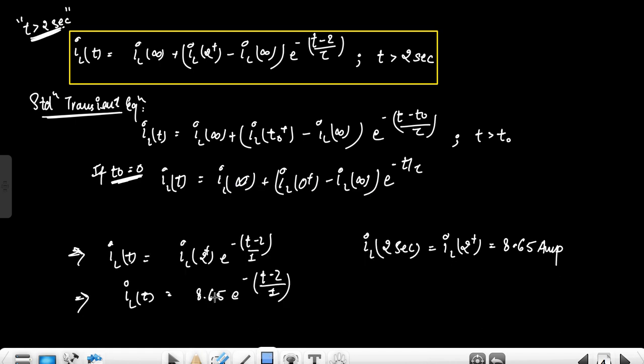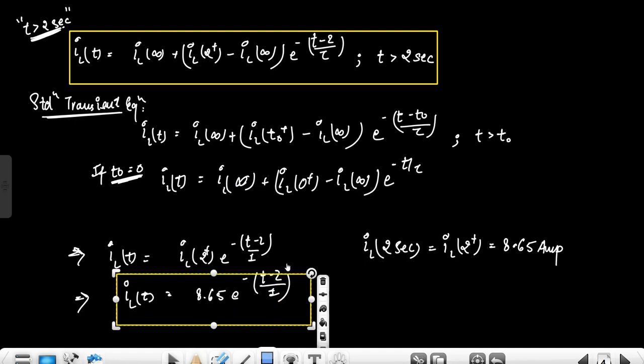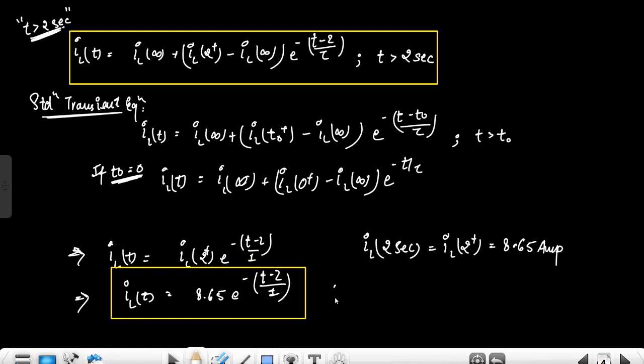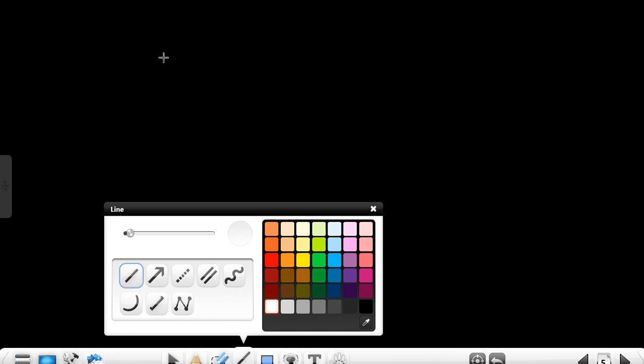So this will be the equation after 2 seconds. Right. Now again we draw this waveform, final waveform for the inductor current.